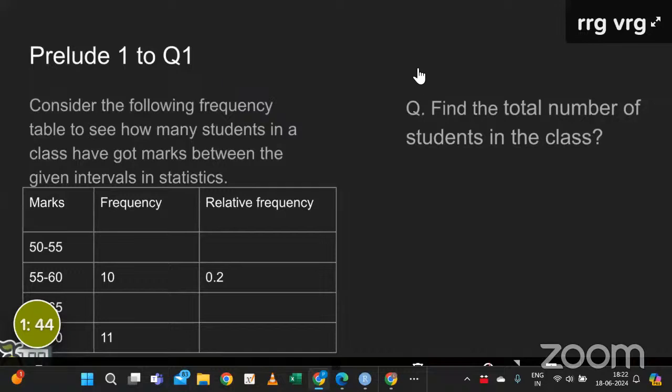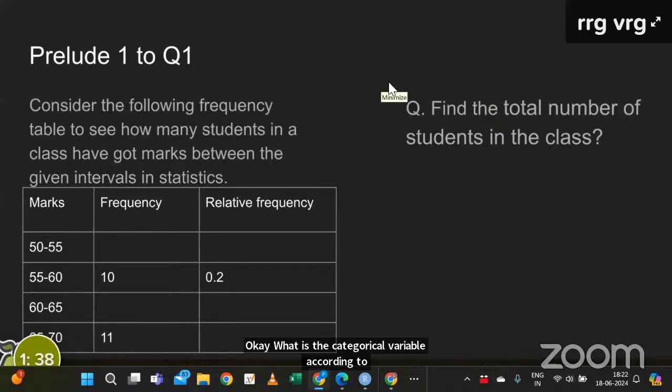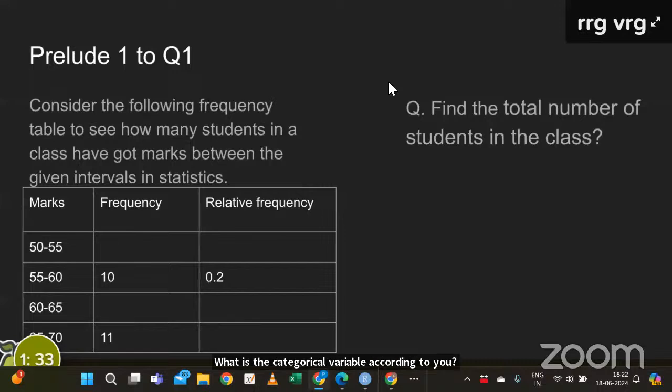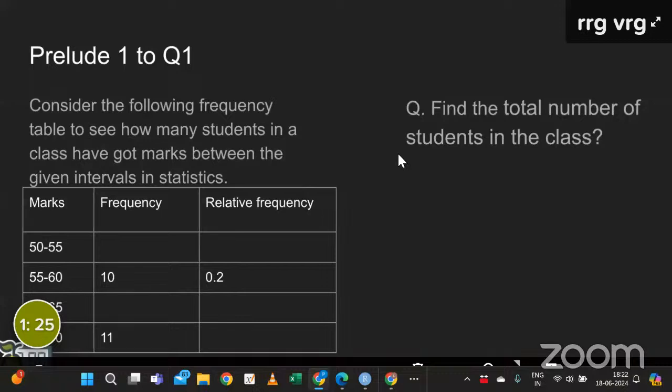Okay, what is a categorical variable according to you? Tell me. If you will not speak, how can I explain to you?